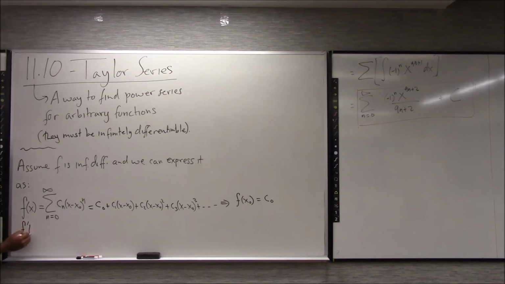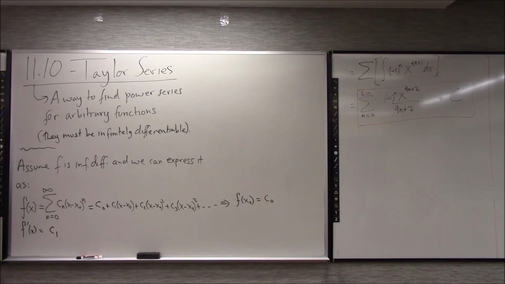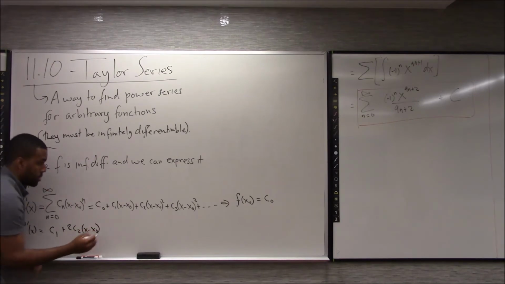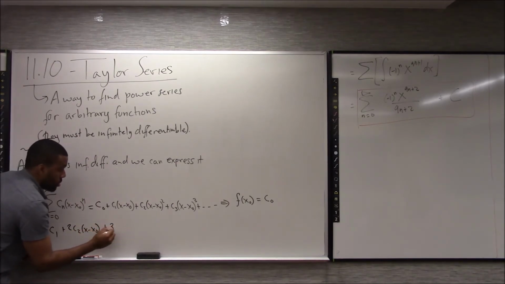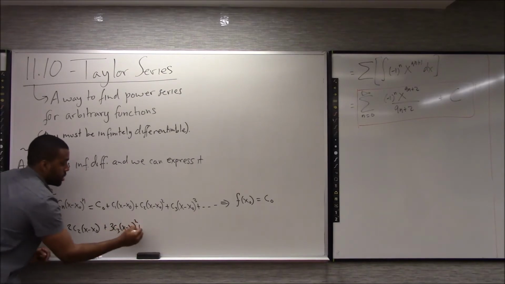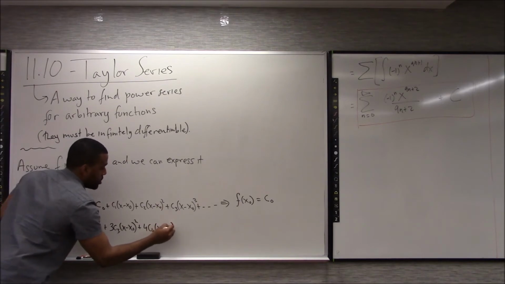Now let's take a derivative. The derivative of this is just the derivative of a polynomial. The derivative of c0 is 0. The derivative of this is just going to be c1 plus 2c2 (x minus x naught) plus 3c3 (x minus x naught) squared plus 4c4 (x minus x naught) cubed plus and so on.